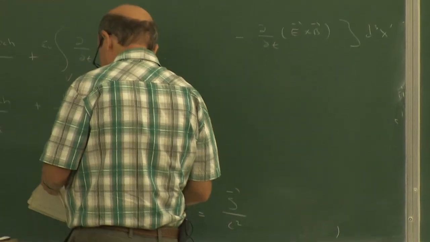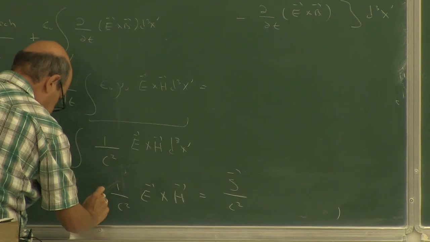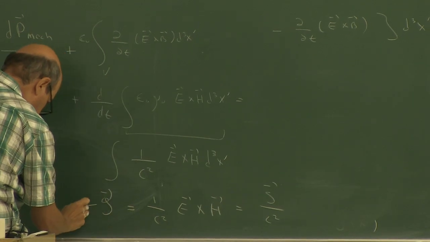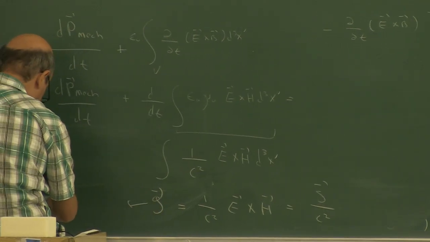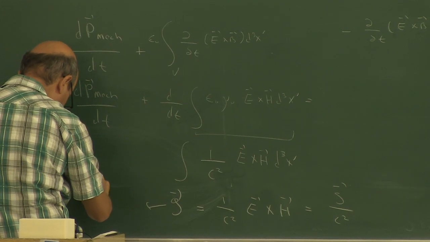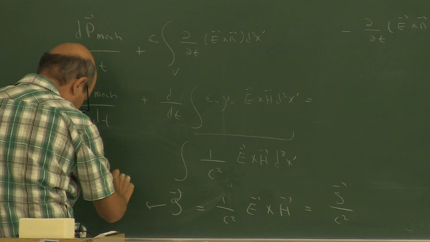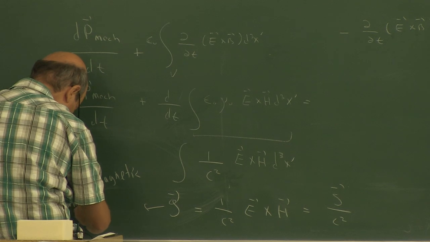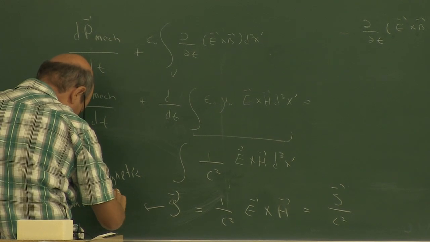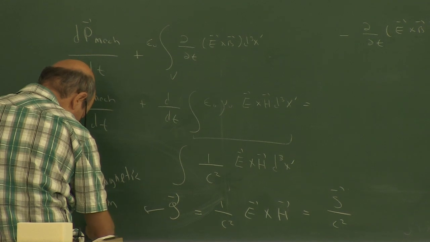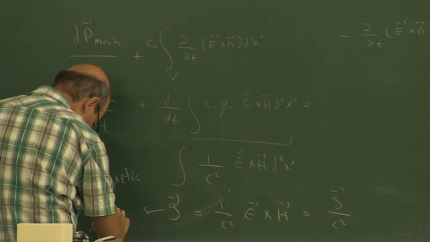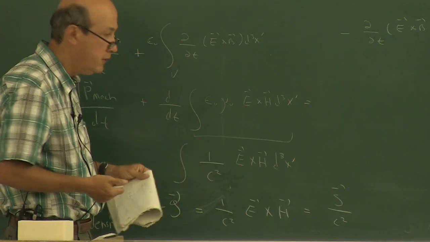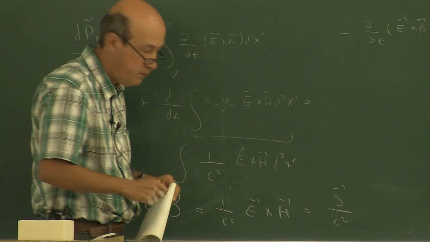So this is called G, and that is called the electromagnetic momentum density. Why? Because if you take the volume integral, you obtain the momentum.